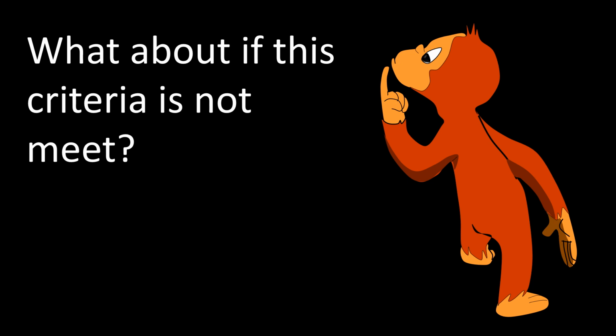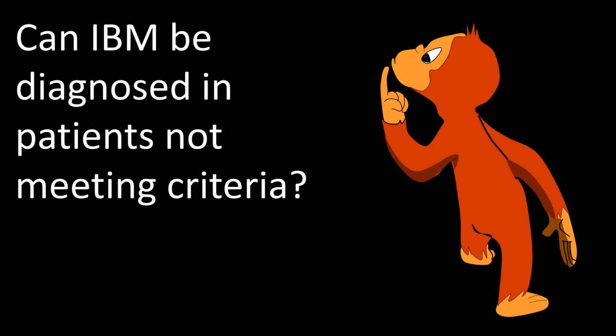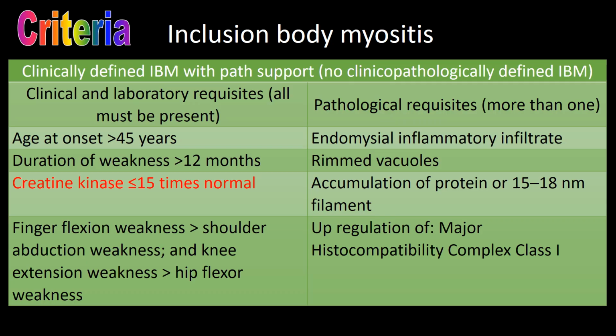What about if in a patient that we suspect IBM, the criteria are not met? Can IBM be diagnosed in patients not meeting the full criteria? When the criteria are not met, IBM can tentatively be diagnosed if the clinical laboratory criteria are met and at least 2 of the pathological elements are present, or only one is present and we find in addition upregulation of major histocompatibility class 1.